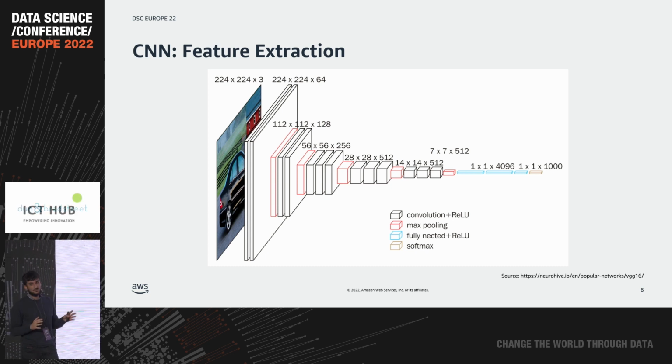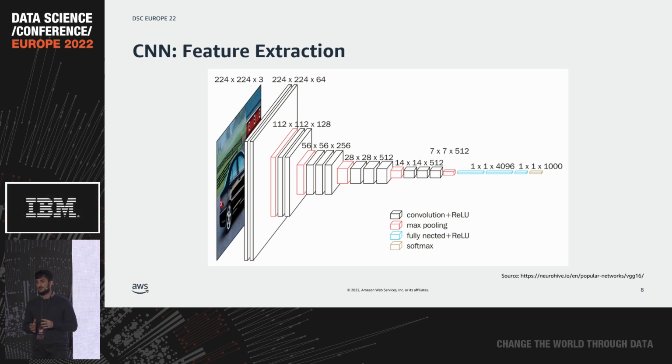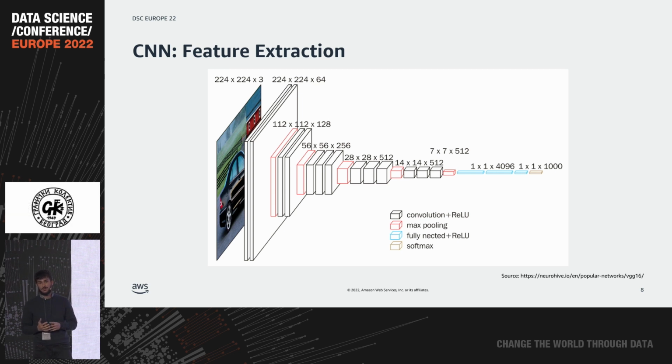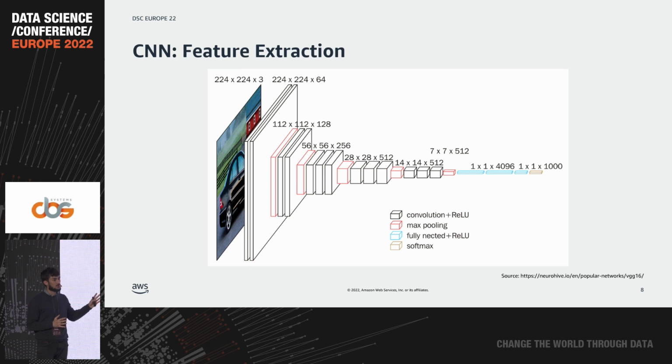What I want you to keep in mind is that the objective of using a convolutional neural network is to reduce the dimensionality of the image. We said that the image has a lot of data points. We want to reduce this dimensionality and try to keep all the information in a more compressed way. So the image goes through a series of layers, and in each layer we reduce the dimensionality.